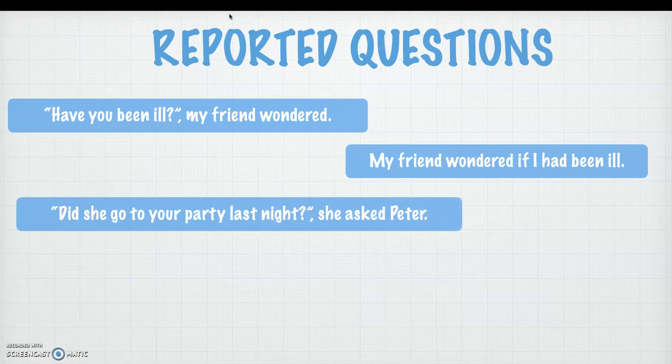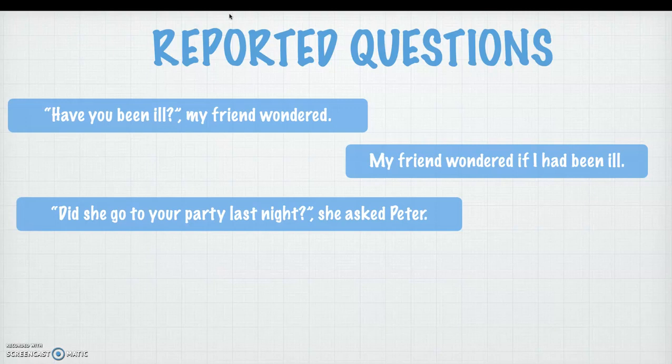"Did she go to your party last night?" She asked Peter. So she asked Peter if she, we don't know who she is, had gone to his party the night before or the previous night. So did she go to your party?